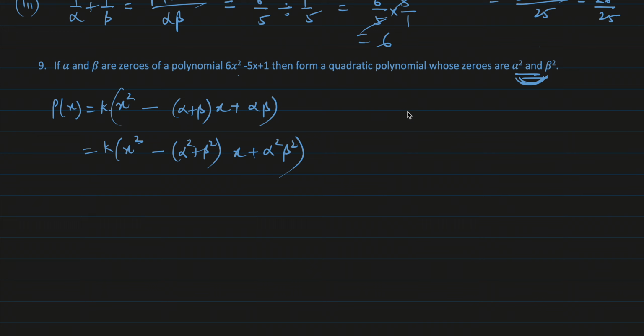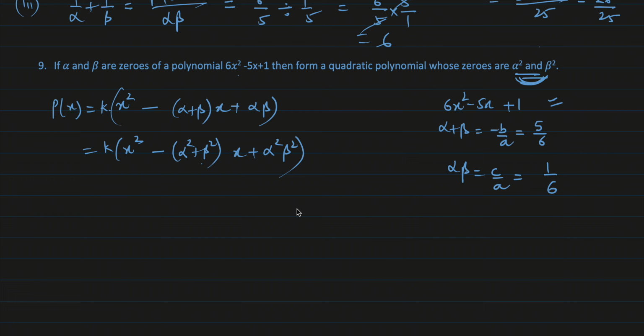Now let us first find out from the given polynomial what is alpha plus beta. Minus b by a, 5/6. What is alpha beta? c by a, that is 1/6. Okay. You could also do this another way: split the middle term, get the zeros, then put them in and you are done. Okay. I'm using this way. Now alpha square plus beta square we have just done in the previous question.